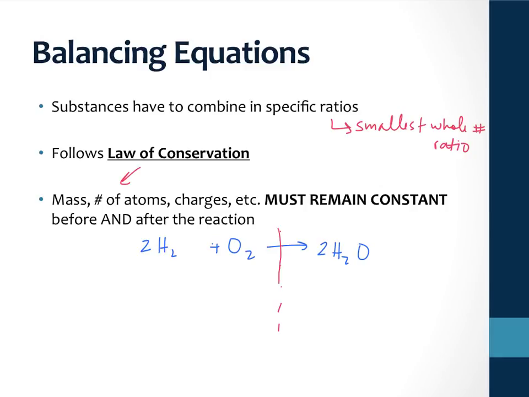So this arrow separates reactants from products. To verify if this follows the law of conservation, we're going to take our two types of elements here, H's and O's, and let's count them up. On the reactant side, we have 4 of them. On the product side, we also have 4 of them. Reactant side of oxygens, we have 2. And on the other side, we also have 2.